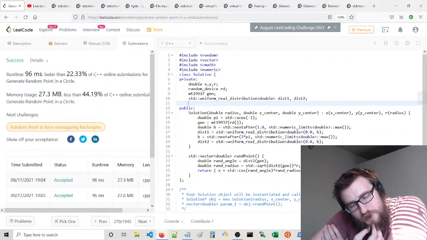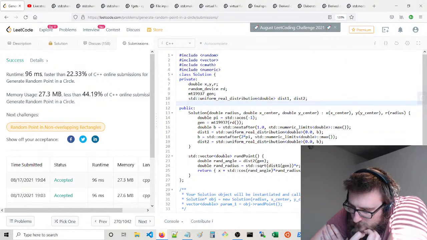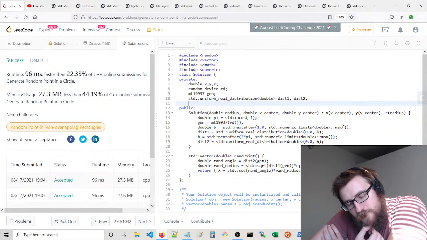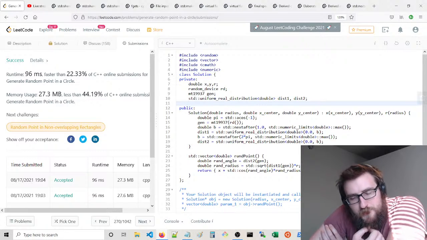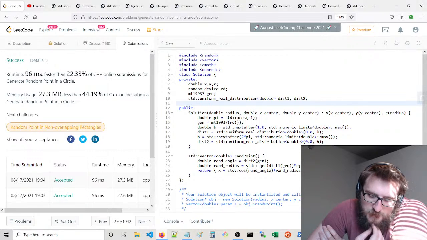I think you need to have that any particular radius, that R sub B, the probability of choosing that radius compared to R sub A should be the square of the difference. Is that right?